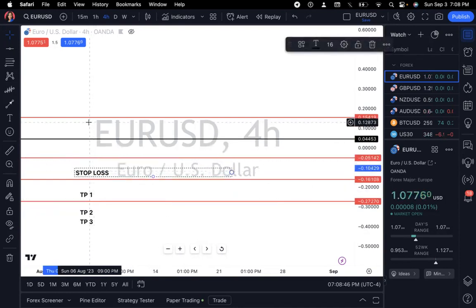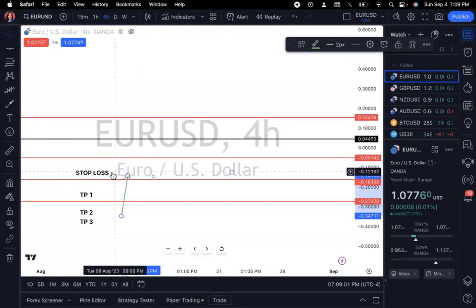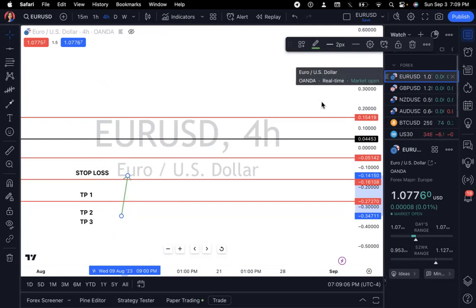So the market's going down. Your stop loss was way up here before. This was the original market entry point, but as the market's going down, you're adjusting your stop loss and staying in profit. So even if we get here to TP2 and the market goes up to stop loss, you still close with your stop loss and profit. Does that make sense?